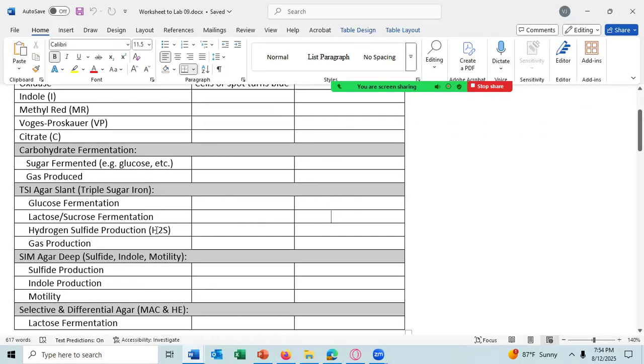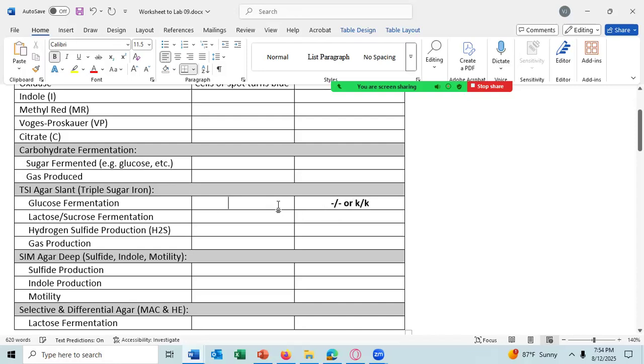Now for these two, you need to put it with either negative over negative, and this can be negative, or it can be K over K. And that is, you put the slant first and then the butt.